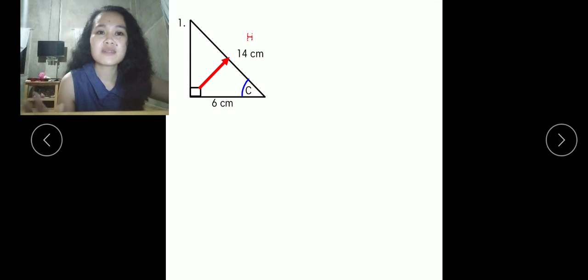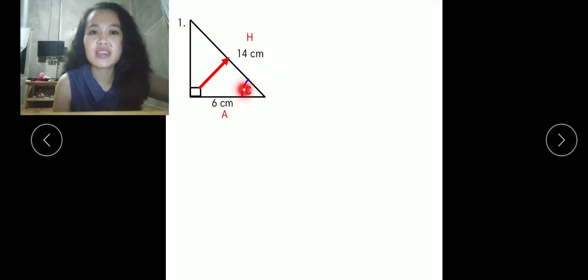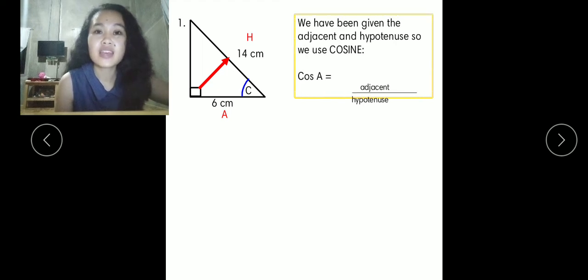By this example, 14 centimeters is the hypotenuse because that is opposite the right angle. 6 centimeters is the adjacent because that is nearby the given angle C. So we need to use the cosine. Cosine theta is equal to adjacent over hypotenuse. So use the formula.